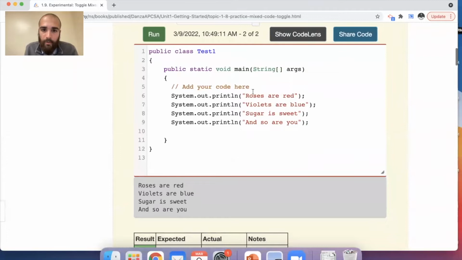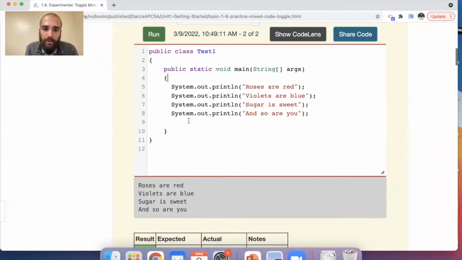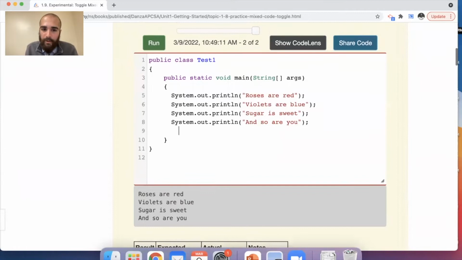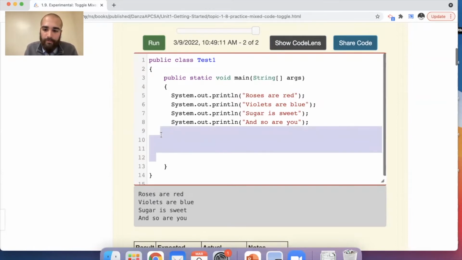All right. Now, I can take out this comment, I can delete that if I really wanted to. It doesn't really do anything. And what I like to do is clean up the code, make it look nice, not have random spaces way in there. It doesn't affect the code, but I just like cleaning all that up.